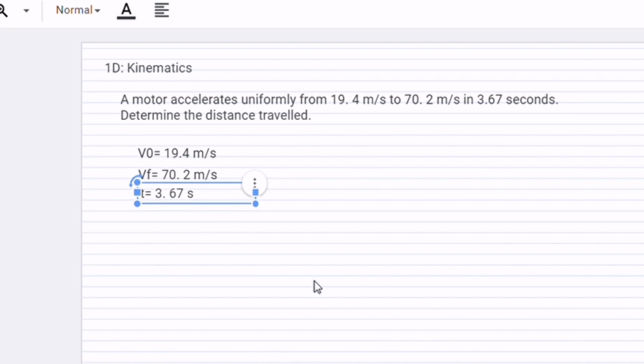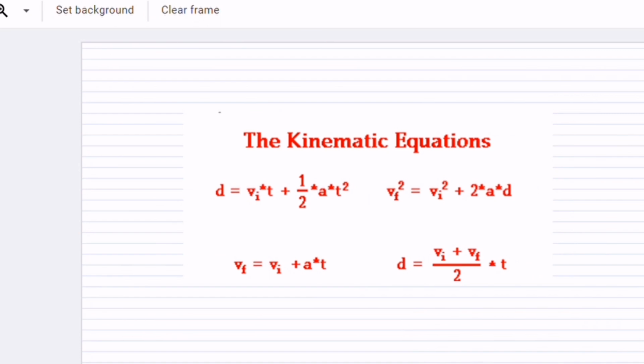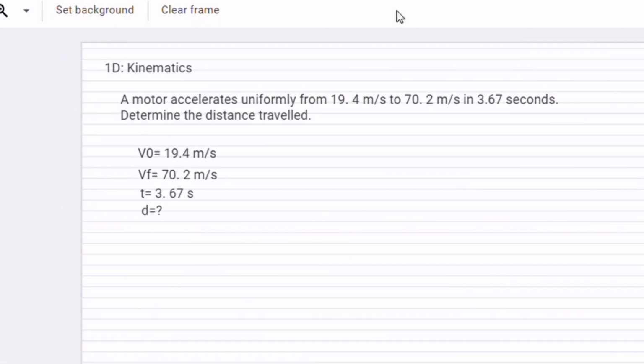Now let's identify what equation we're going to use. What's missing is the distance, so we need to determine the distance. Among the big four, we have two equations that can be used to find distance. Let's identify which one of the two. Remember we have our V0, Vf, and time.